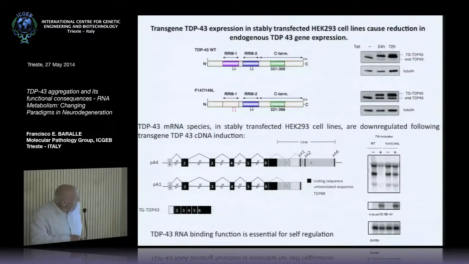And both disappear in excess TDP-43. So the disappearance is quite dramatic, and obviously there is no such disappearance when you use an RNA binding mutant. You can see here that a little bit more of the longer one remains than the shorter one. We still don't have an explanation for that.